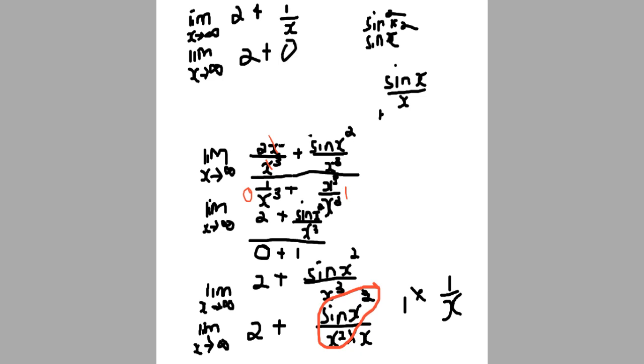Because x approaches infinity, and here we substitute infinity, so 1 over infinity is 0. 1 over infinity is equal to 0, so our answer is going to be equal to 2.